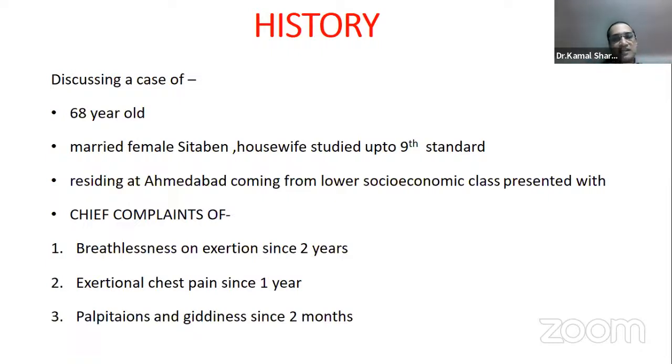So there are different ways of formulating and presenting these four important pieces of information in different linguistic formats, and all you need to do is this: the examiner who has been monotonously facing the same stuff since morning would be happy to hear a different language format of your presenting the basic information, and that would draw the attention of the examiner when you are presenting it as a long case in your viva.